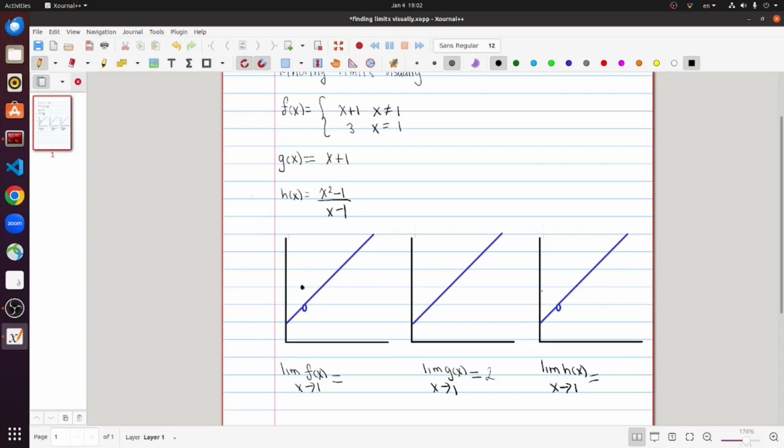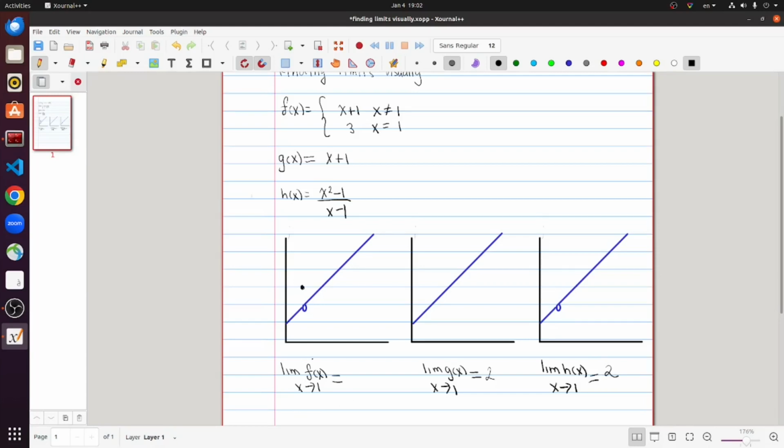Okay, so what happens for h of x? Well, the limit of h of x is also 2, even if it's not defined there, because we don't care what the value is at the point. We only care what the value is as we get closer to the point, and as we get closer to the point, we see that we get closer to 2. So that's the limit. Now let's go back to f of x.